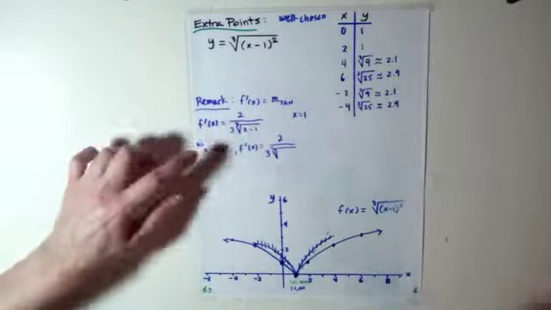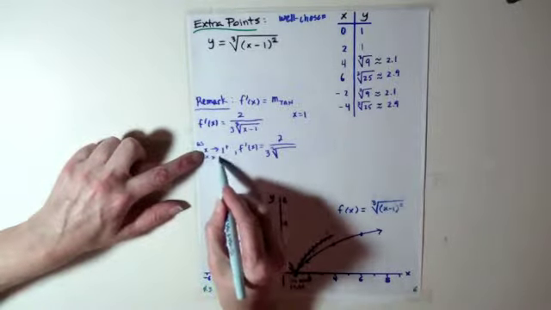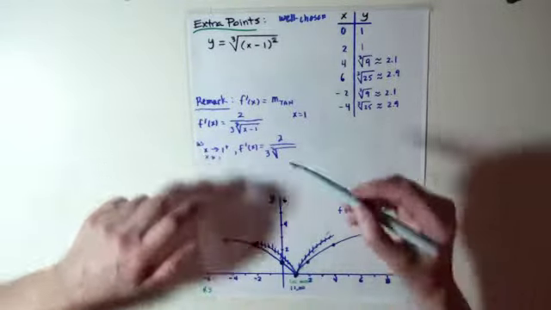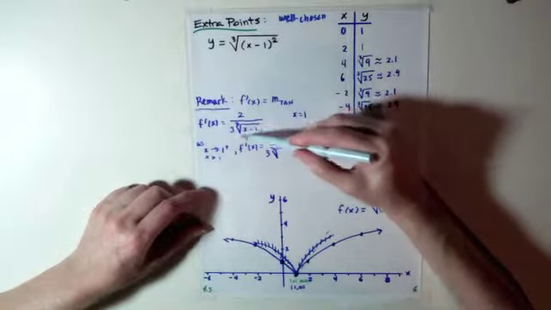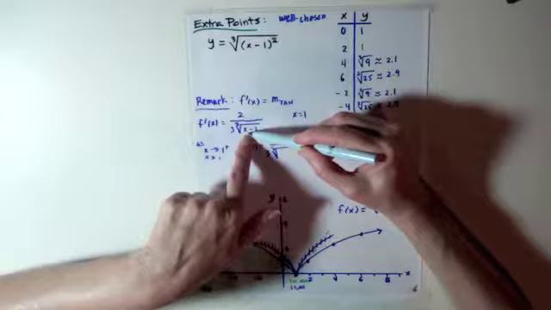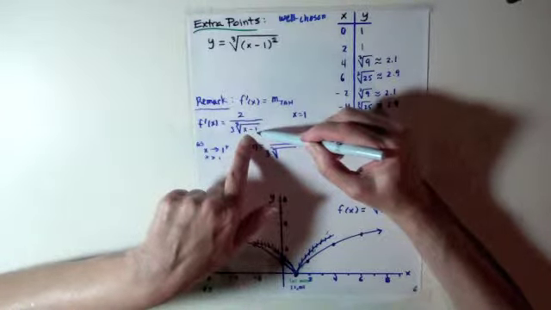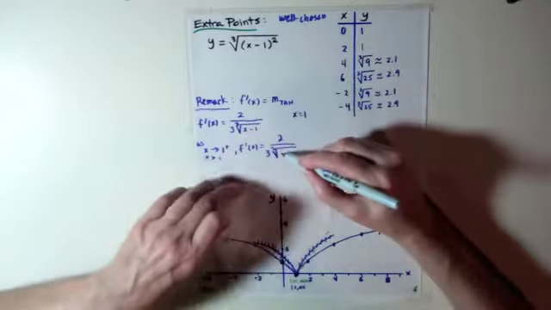And as x gets close to 1 from the right, that means my x values are a little bit larger than 1. If we look at what's underneath the denominator here and think of x being a little bit larger than 1, something larger than 1 minus 1 is going to be something that is small.